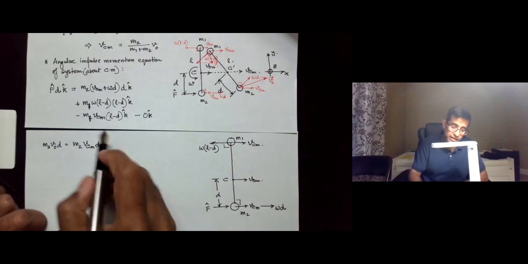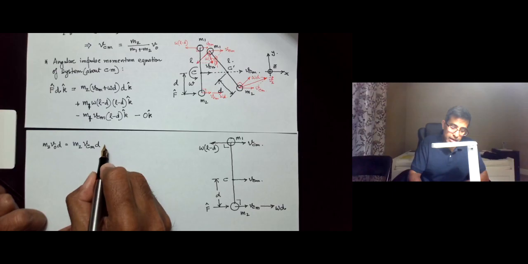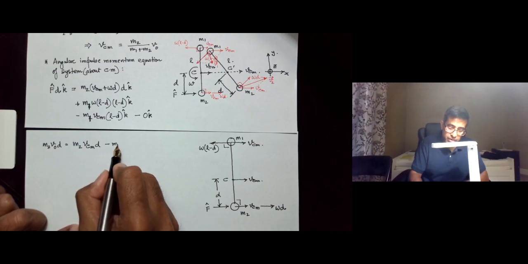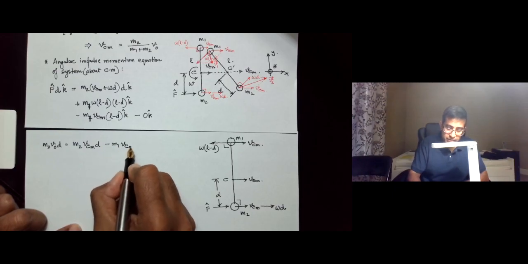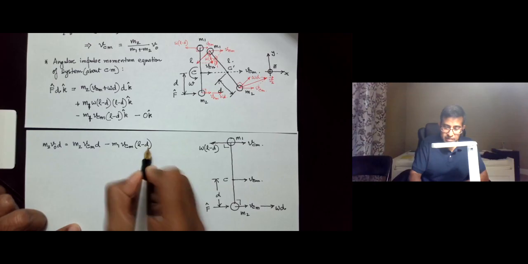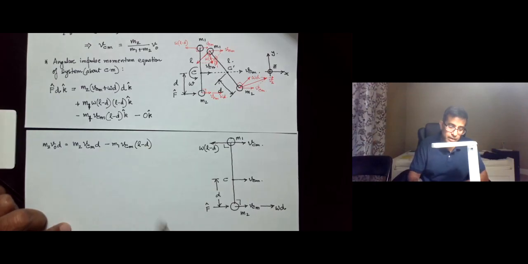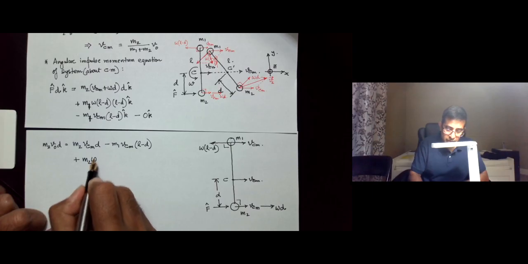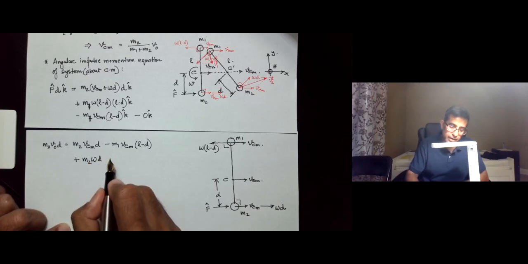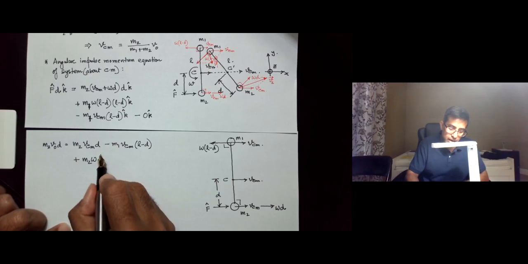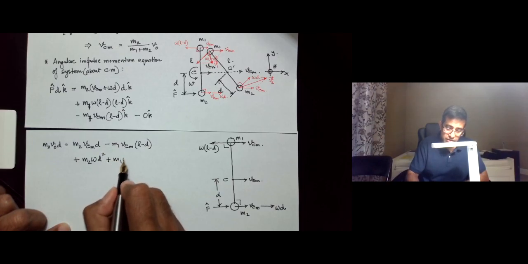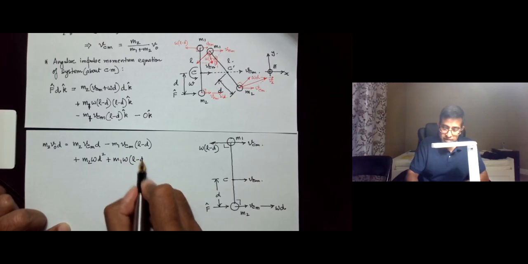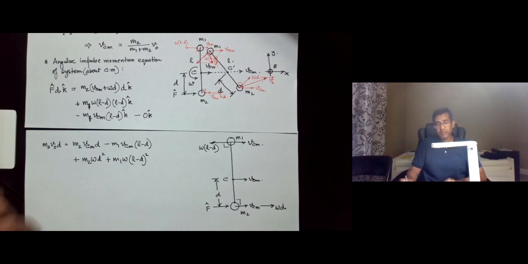So just for clarity, I'm going to have M1 VCM (L minus d) plus we are going to have M2 times omega d square rather, and plus M1 times omega (L minus d) whole squared. So that's going to be our equation.